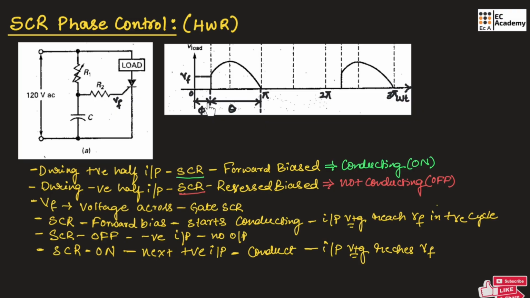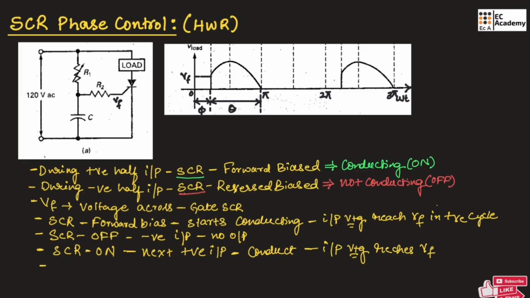So here in the waveform you can observe the SCR will conduct only at an angle phi. This angle is known as firing angle, and the region where we are getting the output waveform is represented by theta, which is conducting angle.